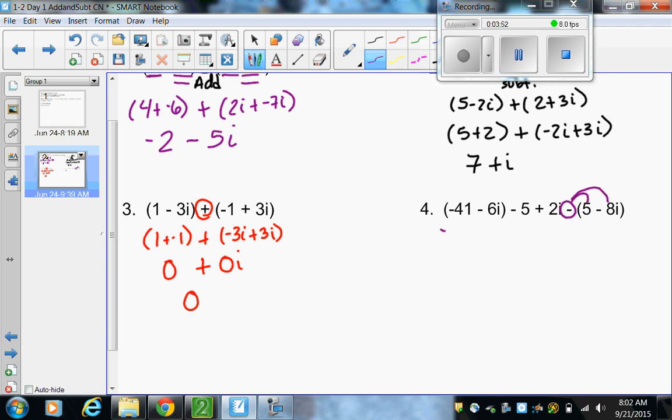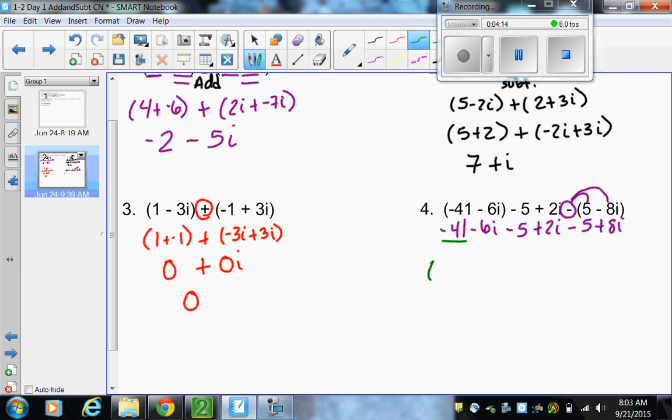So I'm going to carry down what I had before, that's -41 minus 6i, minus 5, plus 2i. But now instead of a positive 5, we have a -5, and instead of -8i, we have positive 8i. And now I can just collect like terms. So I'm going to look at my real numbers.